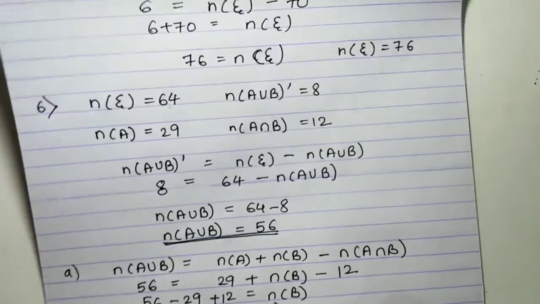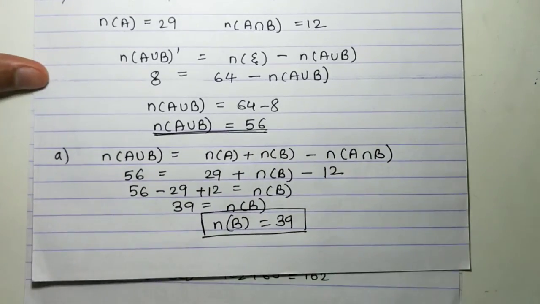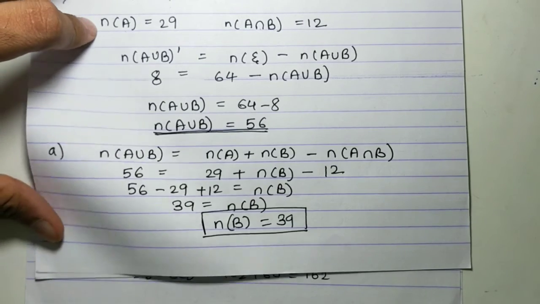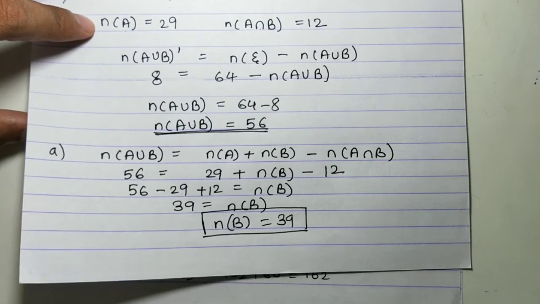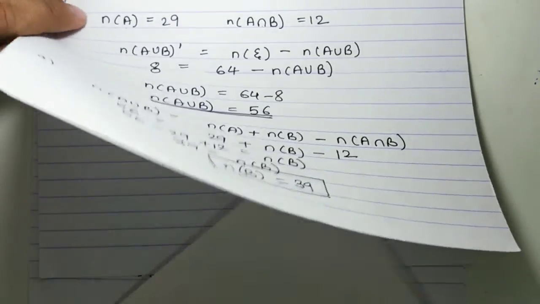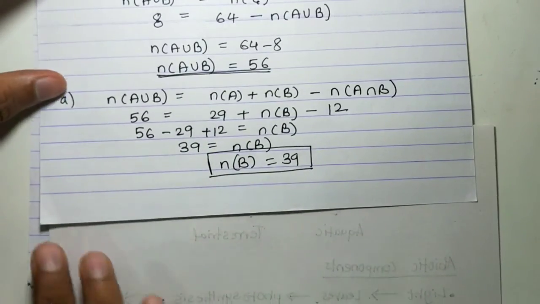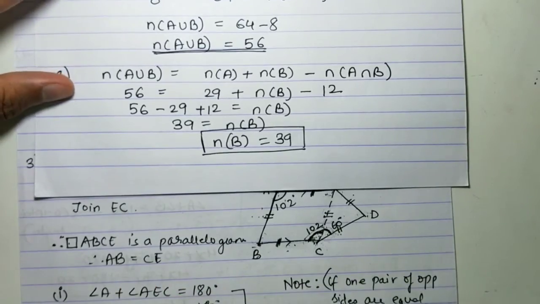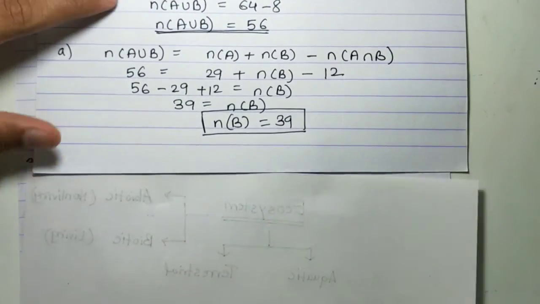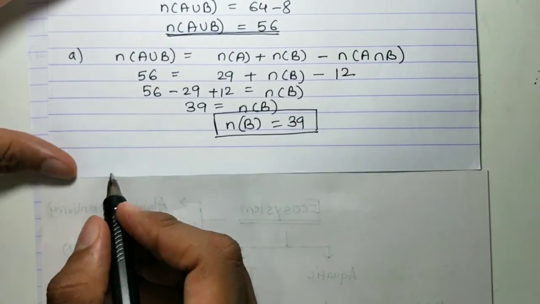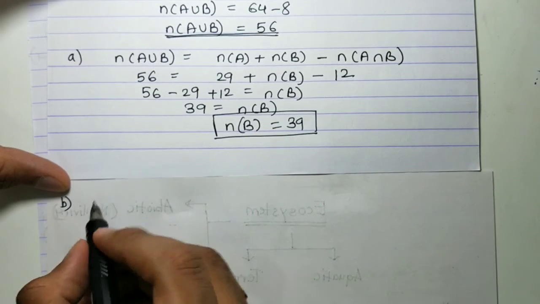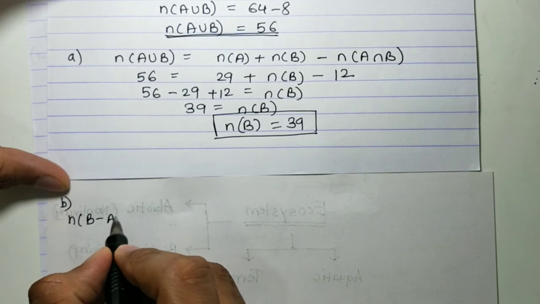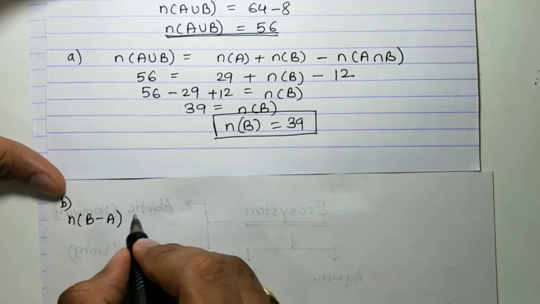Okay. Further, the B part. I'll do it in continuation here. In the B part, you have to find n of B minus A. What is B minus A?